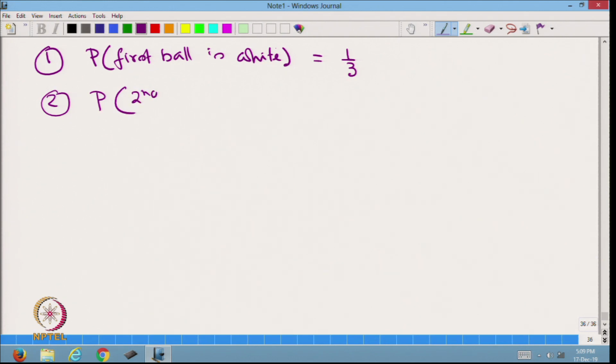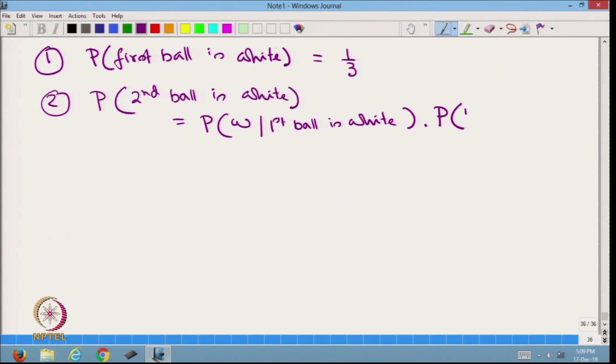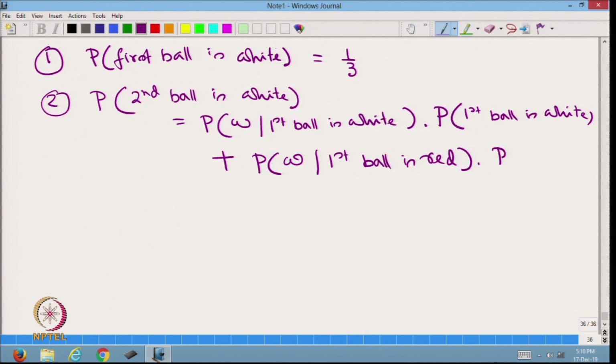Probability the second ball is white: by the earlier theorem, it is probability of white given first ball is white, multiplied by probability first ball is white, plus probability white given that the first ball is red, multiplied by probability first ball is red.